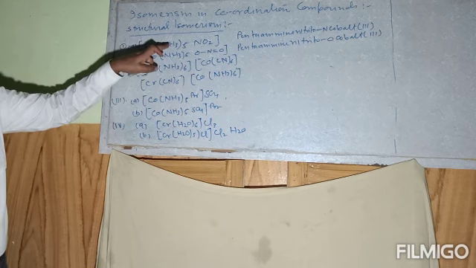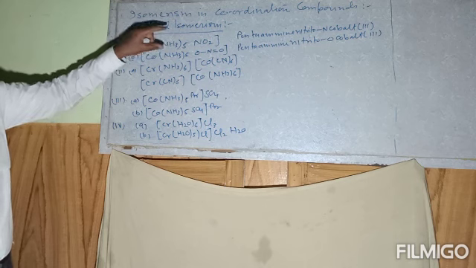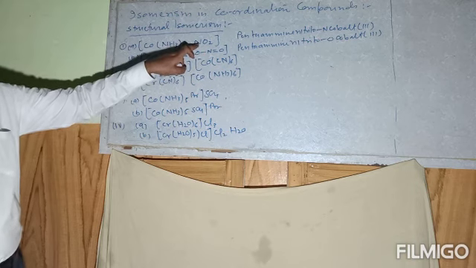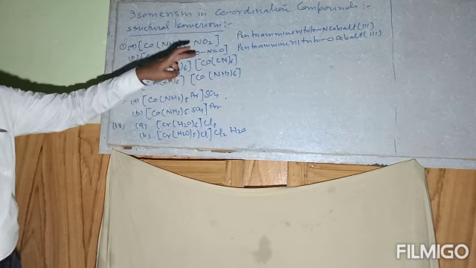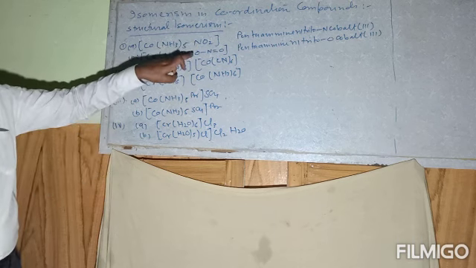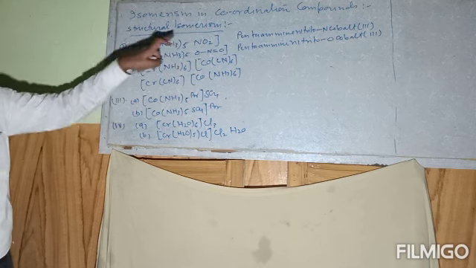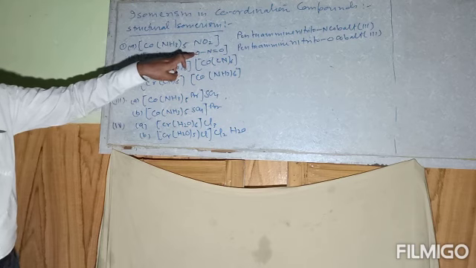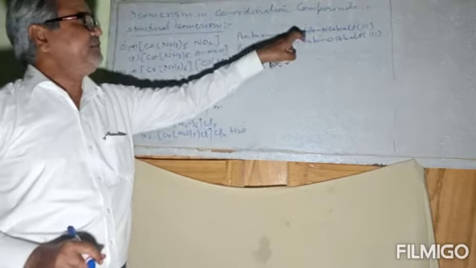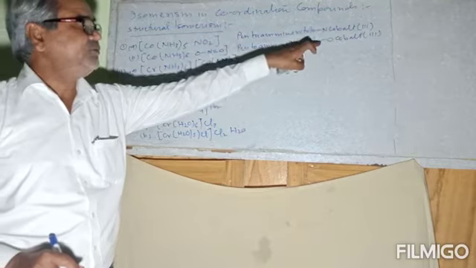So there is a difference in the linkage, that is, the coordinate bond formed by the ambidentate ligand. This nitro is an ambidentate ligand. It can be linked through two atoms, either through nitrogen or through oxygen. Here it is linked to the center metal ion through nitrogen, and here through oxygen. That is why the name carries nitrito-N, and here through O, that is why the name carries nitrito-O.